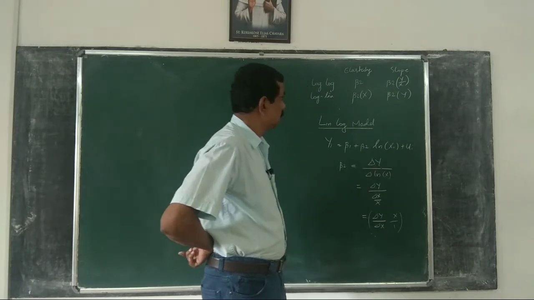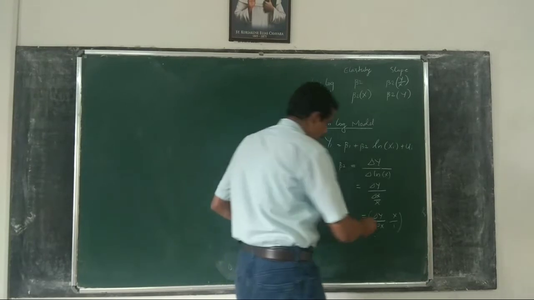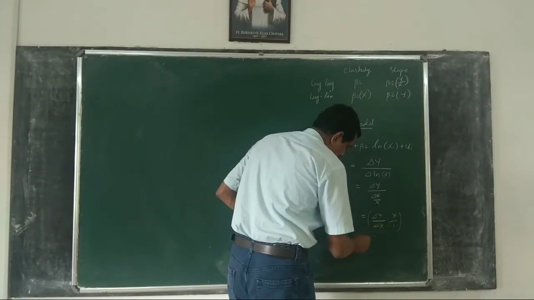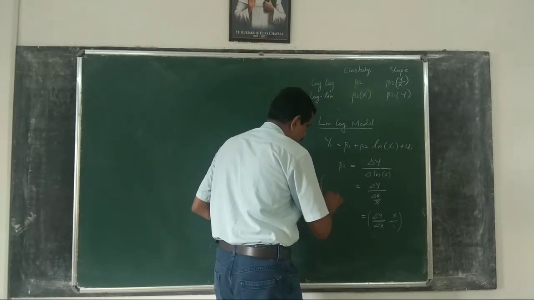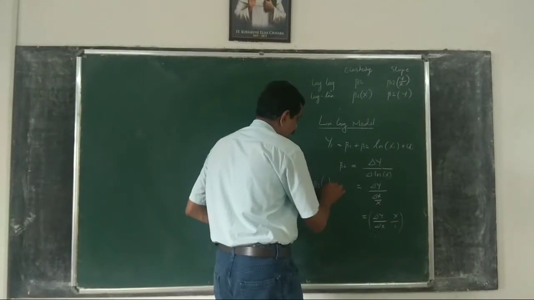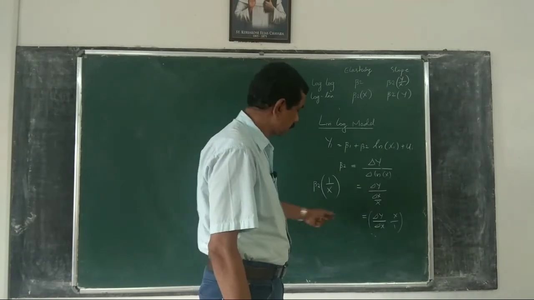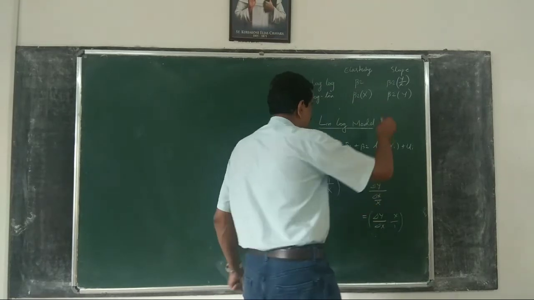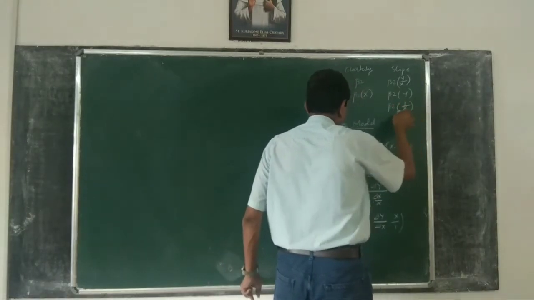Now, what is the slope of this model? Slope is delta y by delta x. So, slope can be written as beta 2 into 1 by x.